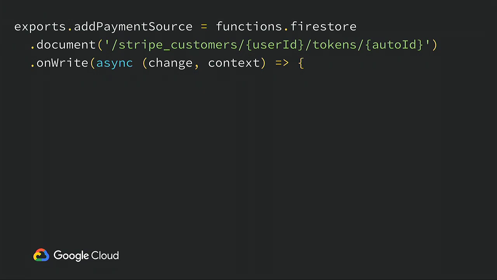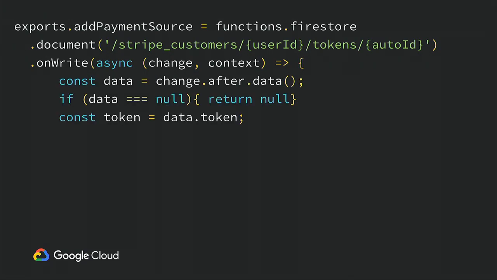This is an onWrite function, which means it is triggered whenever there is a write to that specific location. So that could be when it is first created, when a change is made, when something is deleted. All of that is going to trigger this function, which could be beneficial and works for this particular situation, but you'll see that there are some cases where you don't want that. So to get the data from Firestore, we're going to call change.after.data.